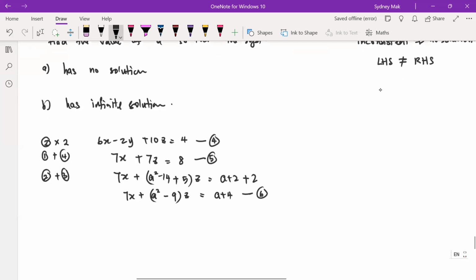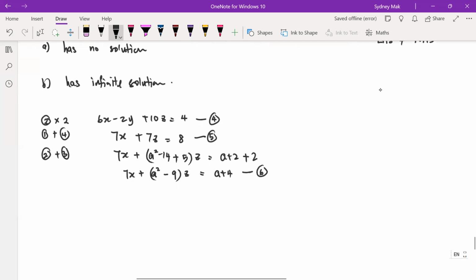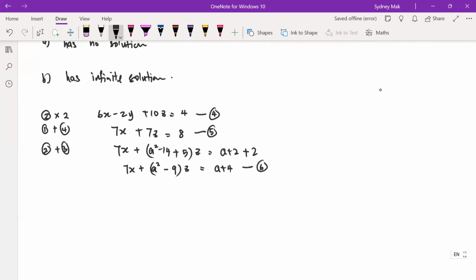So now how do we eliminate from 3 variables to become 2? Now the 2, we've got to change it to become 1. I can just take equation 6 minus equation 5 to get rid of the x directly, because they have the same coefficient for x, that is 7.